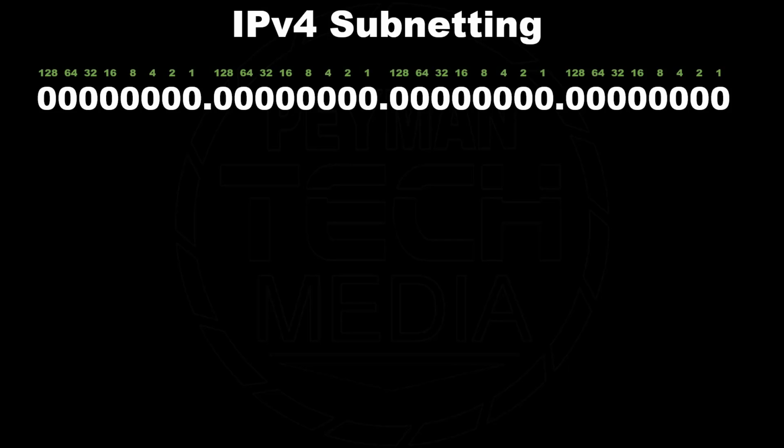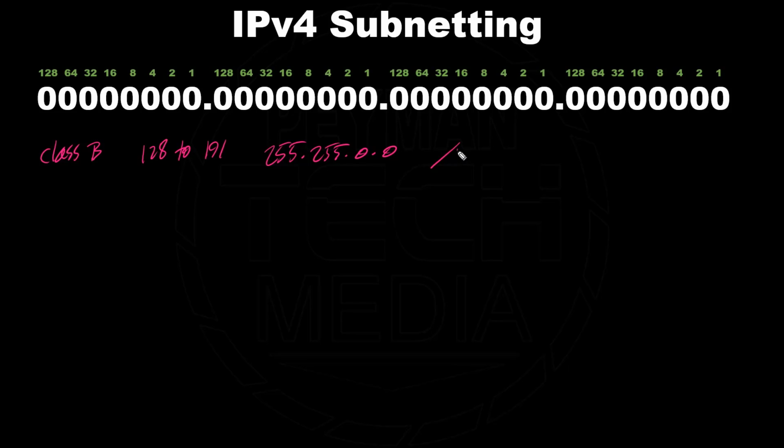Now let's talk about class B subnetting, going over network bits, subnet bits, and host bits. We talked about previously that in class B, the range goes from 128 to 191, and the default subnet mask is 255.255.0.0 in decimal format.